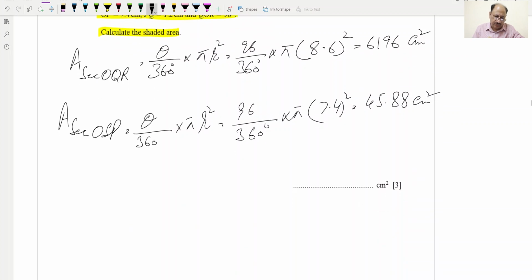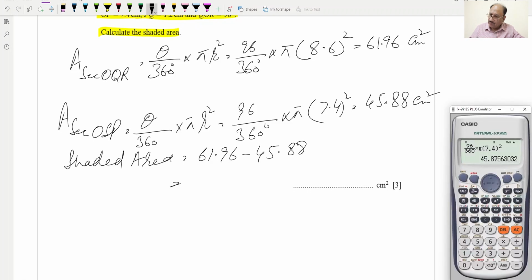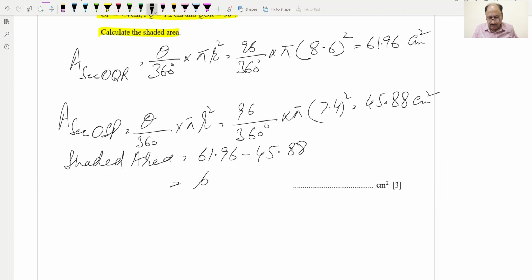Now we have to subtract for the shaded area. Shaded area will be equal to 61.96 minus 45.88, and this will give 16.08, or we can write it as 16.1.